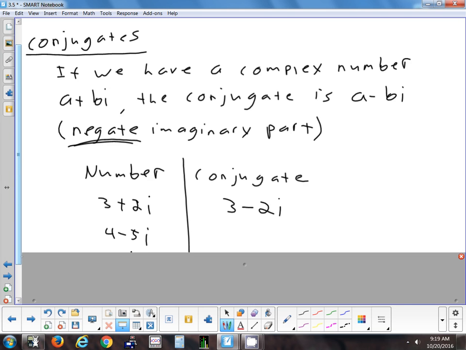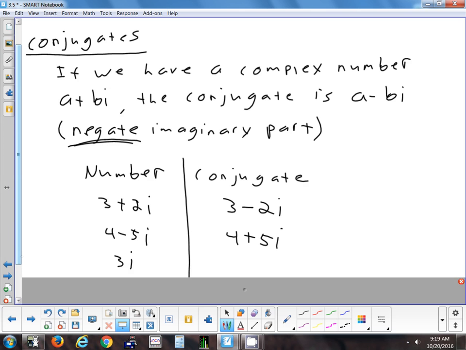Yep, it'd be 4 plus 5i. How about if I had 3i? What's the conjugate of 3i? Negative 3i. If you're confused here, put the real part. It's 0. 0 plus 3i, the conjugate is 0 minus 3i.